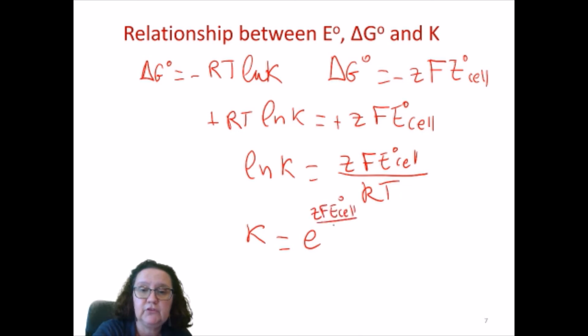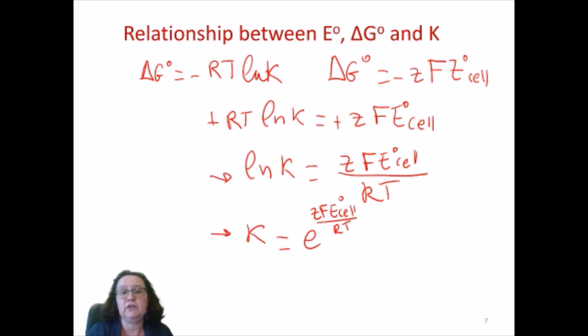So these two expressions are the same way of writing the same relationship between K and the electrode potential for a particular cell.